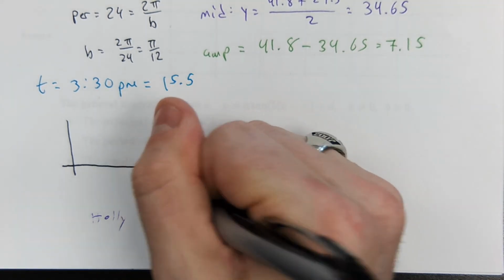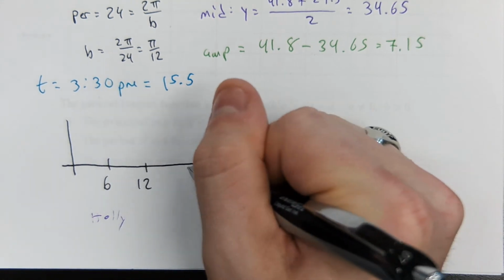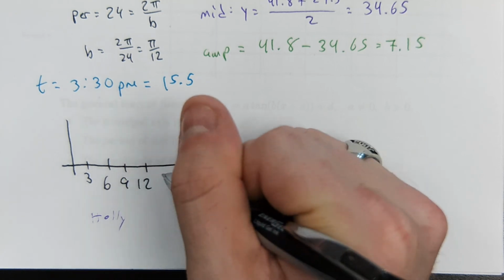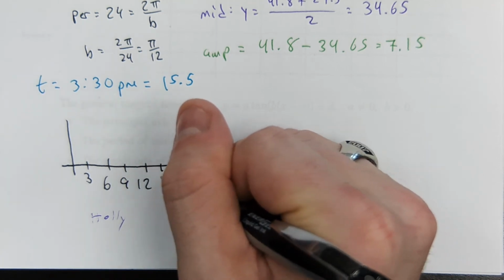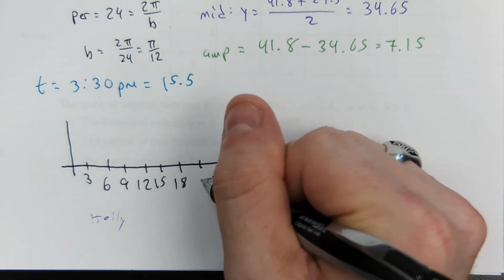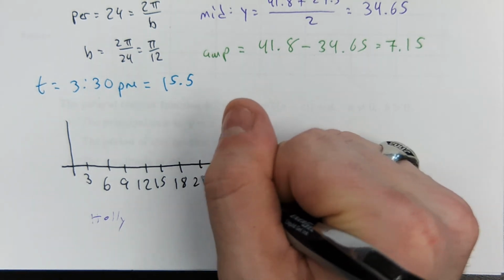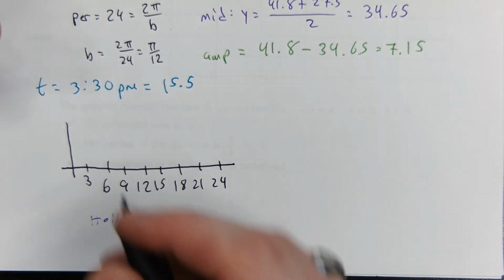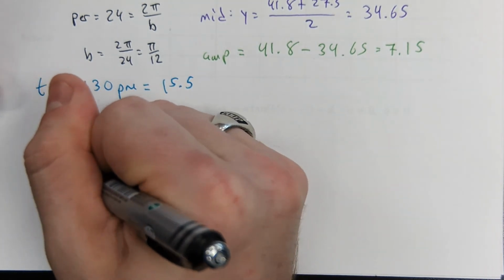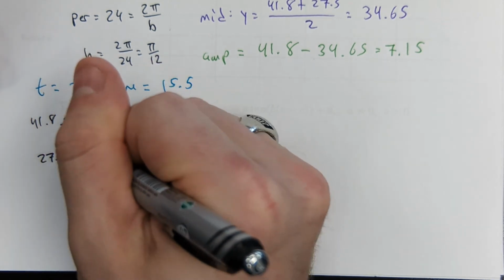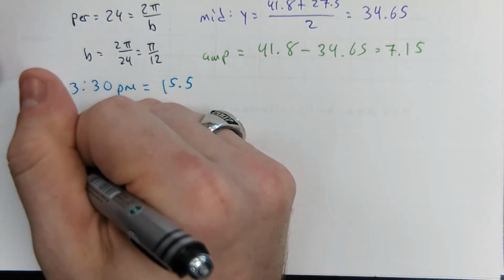So here's 12, halfway between that, there's a 6, here's an 18, 3 in the morning, 9 in the morning, 3 in the afternoon, 9 at night. There we go. Picture not drawn to scale. Minimum, 27.5. Maximum, 41.8. Midline, 34.65.